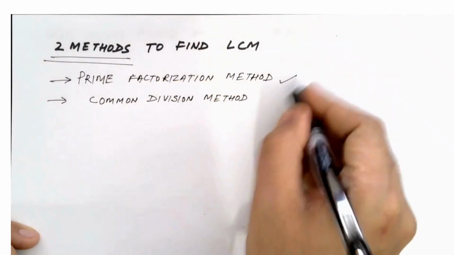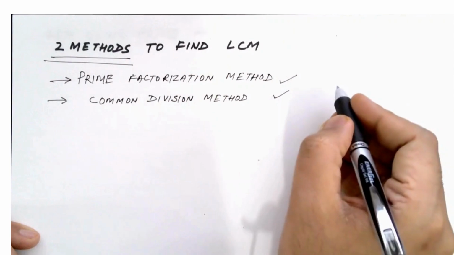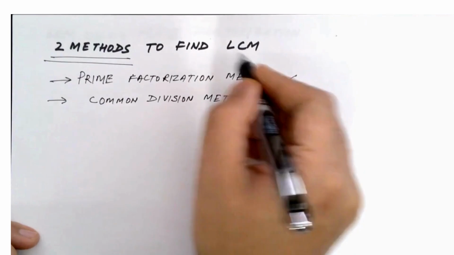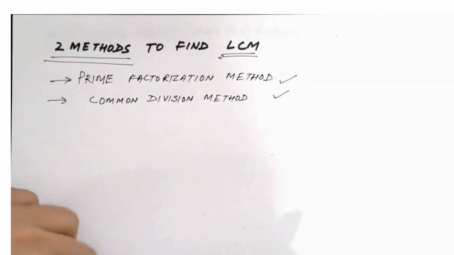We have discussed both of these methods in the earlier video about HCF. Here we will be using both these methods to find the LCM of two or more numbers.